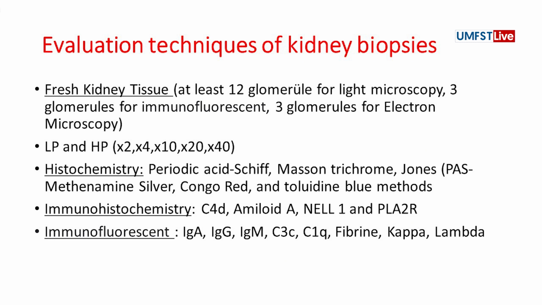For the techniques that we are using for kidney biopsies, the most important part is the fresh kidney biopsies. We dissect them under the microscope to evaluate if they are adequate for evaluation. I will show what I am doing. In light microscopy, we have low power magnification and high power magnification. We use all of the parts.